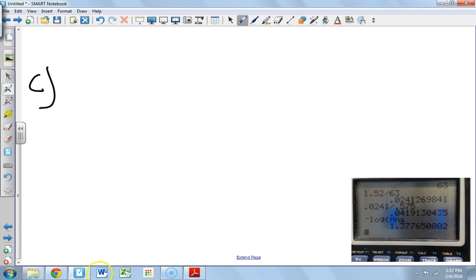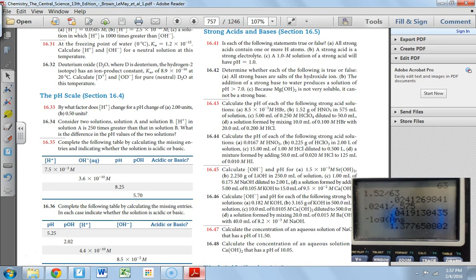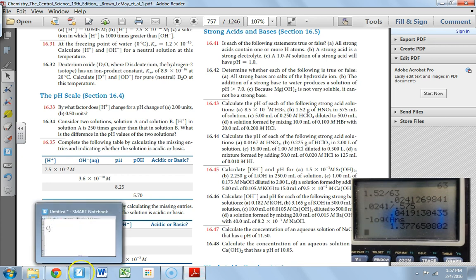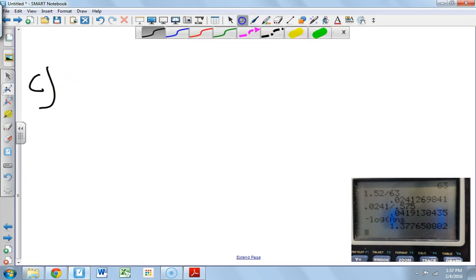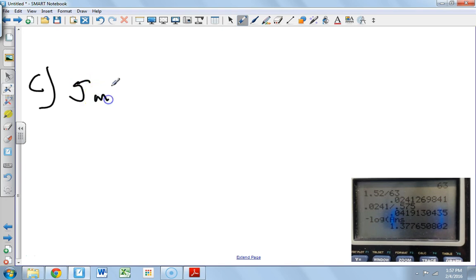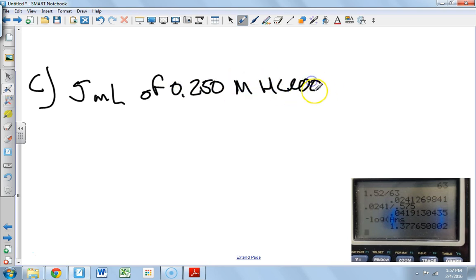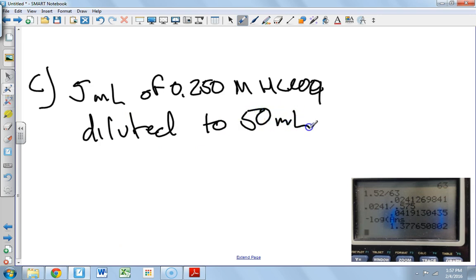Okay, and so is it a strong acid? Of course, because we're in the strong acid, but it's 5 milliliters of 0.250 molar HClO4 diluted to 50 milliliters.